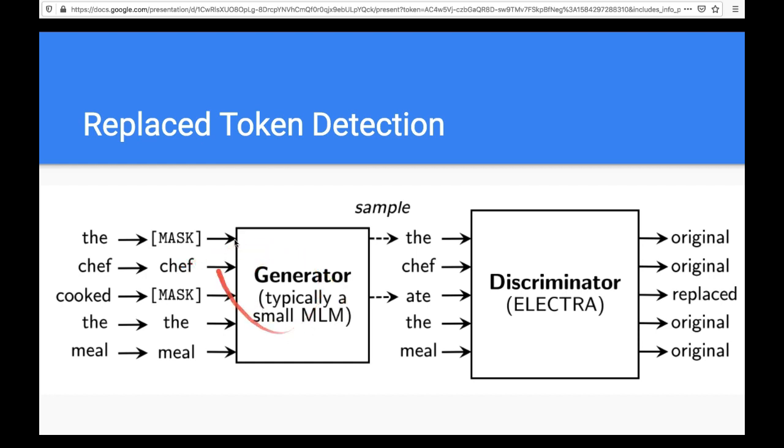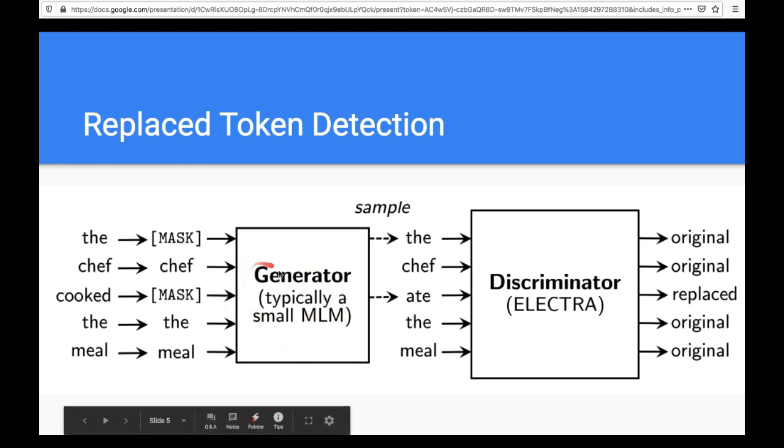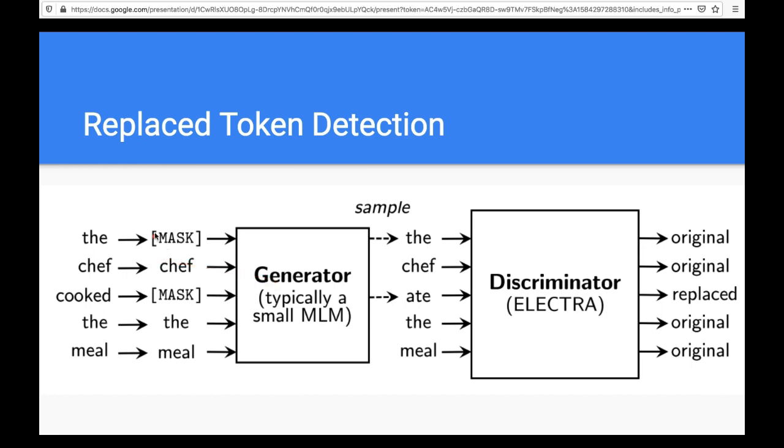The generator is the typical masked language model, like BERT. It tries to predict what the first token should be, and most likely it should be "the". And what should the third token be? It can definitely be many things, and the generator will not always predict the same as your input answer. Sometimes it predicts slightly off, but it still makes sense. So the generator chooses the word "ate": "the chef ate the meal".